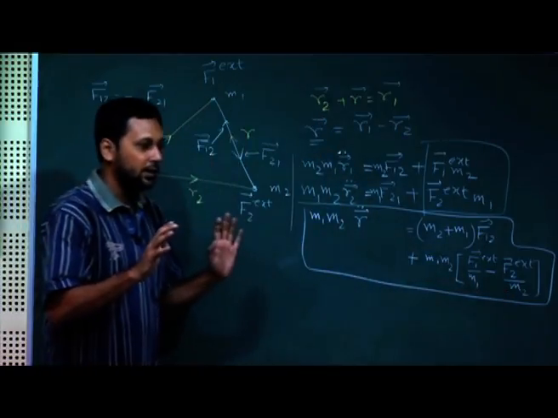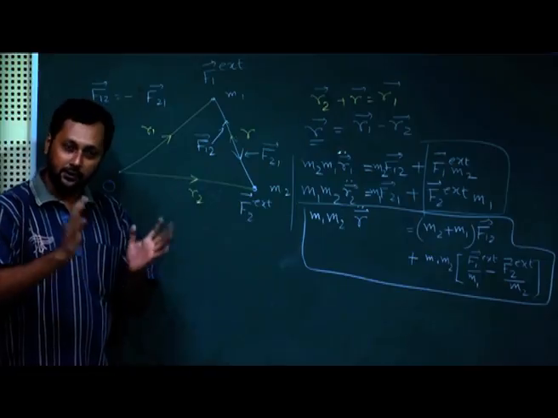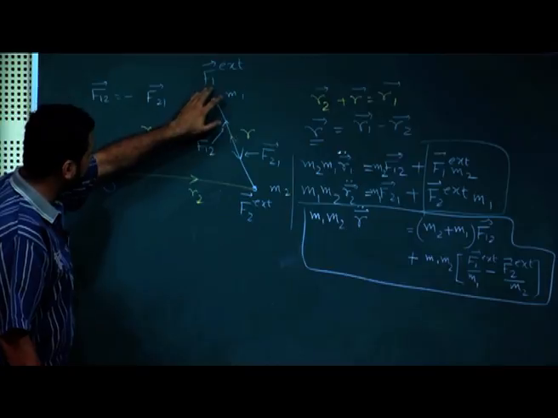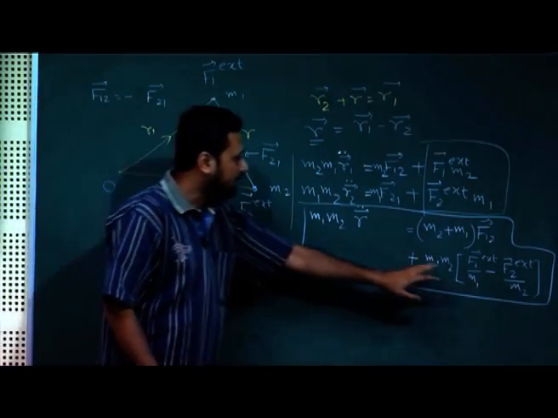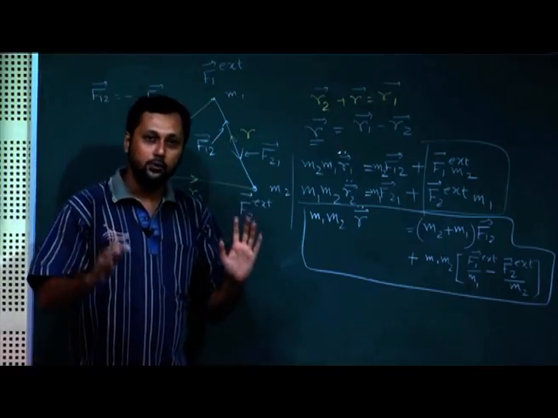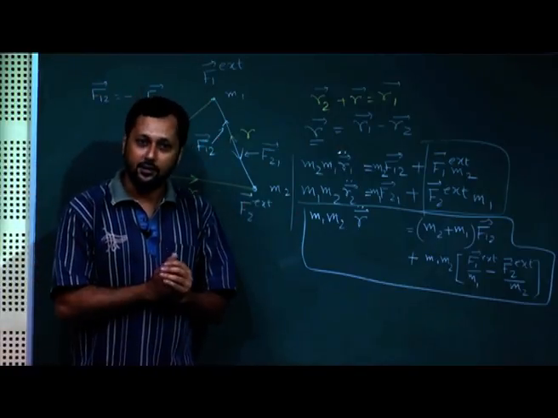So, what we are doing is taking the entire effect of the rest of the universe as part of the external forces, and we are saying that the accelerations of these two masses are equal due to the effect of these external forces.